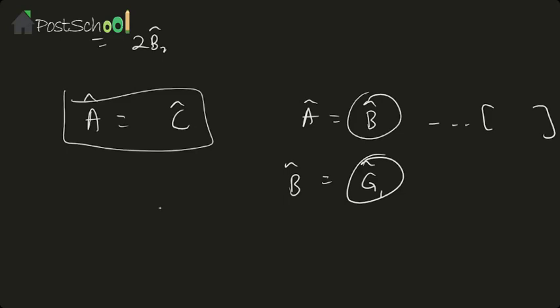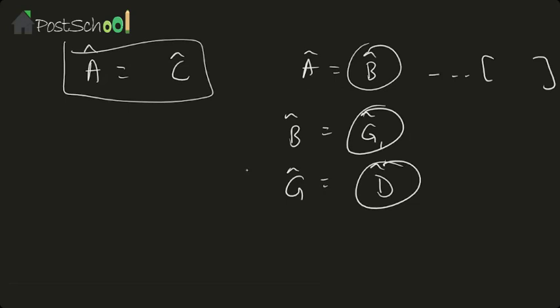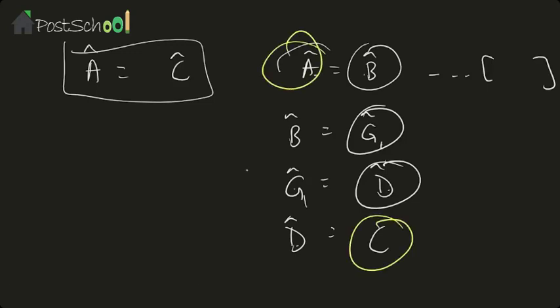Then you ask yourself what G1 equals, and you say G1 equals D, and then ask yourself what D equals. Probably as you keep asking those questions, it will go to D equals A, or D equals B. So once A equals B, B equals G1, G1 equals D, D equals C, then you can see that A will be equal to C. So that's how you approach it.